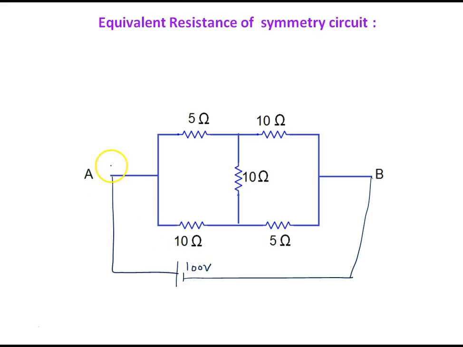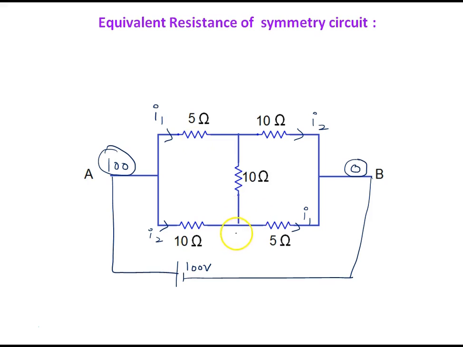Here you will say at this point the voltage is 100, at this point the voltage is 0. Now it is a symmetrical situation. In this 5 ohm and in this 5 ohm the same current should flow. Suppose here the current is I1, here also the current should be I1. Similarly in this 10 ohm, the current should be the same, because at this junction the same resistances are there, here also the same resistances.